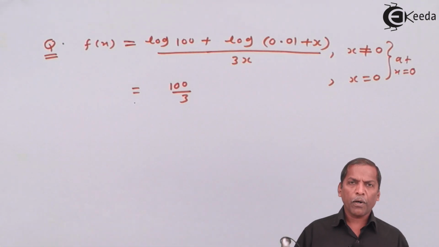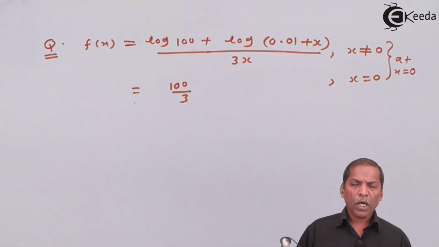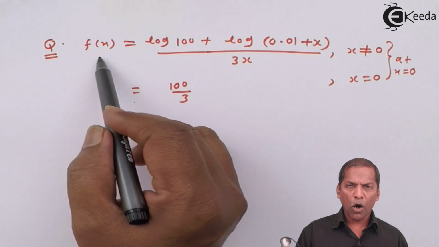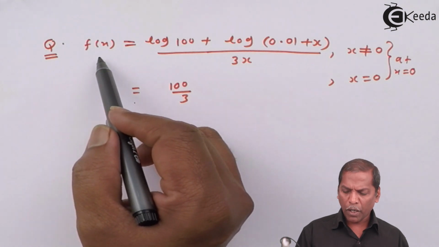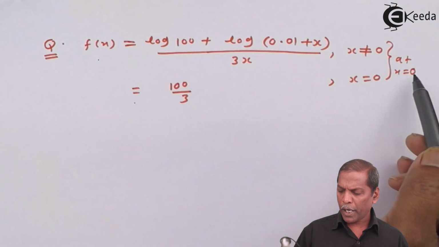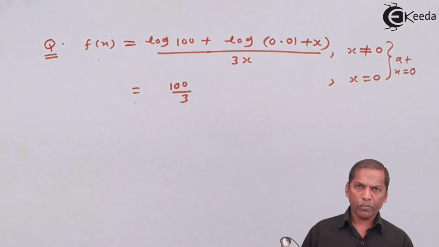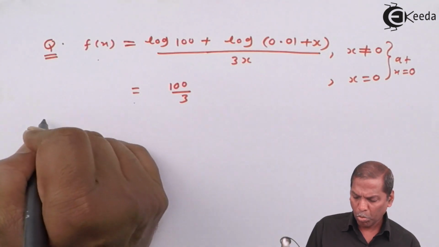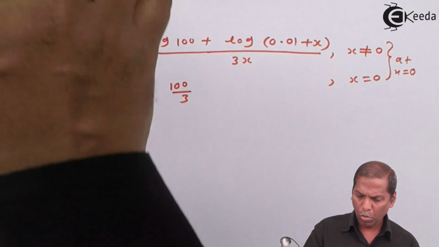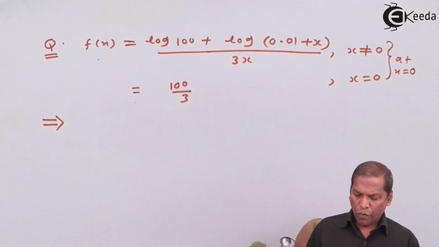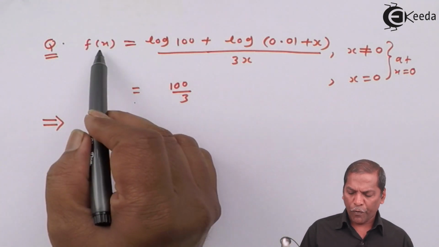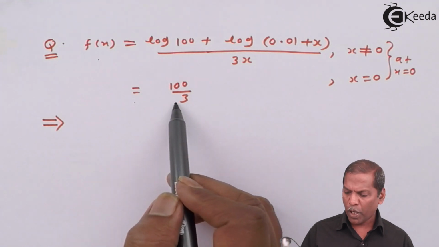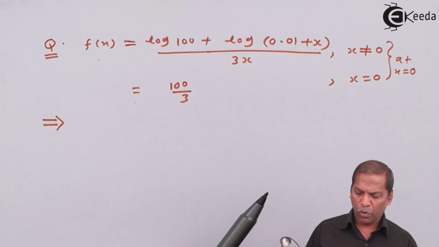So here again we have to check the given function f of x is continuous or discontinuous at the indicated point x equal to 0. Now let's see the solution. First of all, we write f of x is equal to 100 upon 3, x equal to 0.